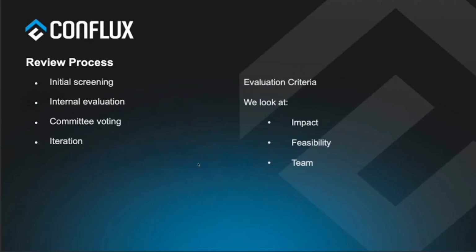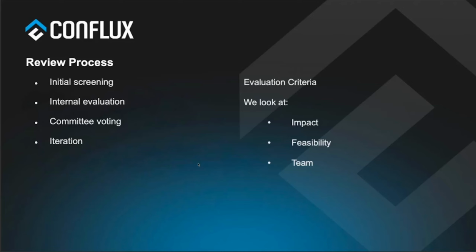And obviously, the iteration part, circling back to the second or third slide, always happens. So you have to modify and adjust your proposal based on our needs, our requirements, or just our opinions.